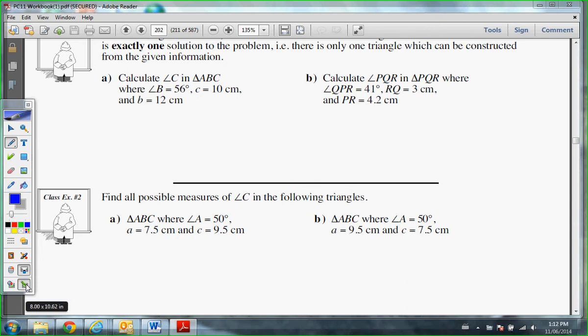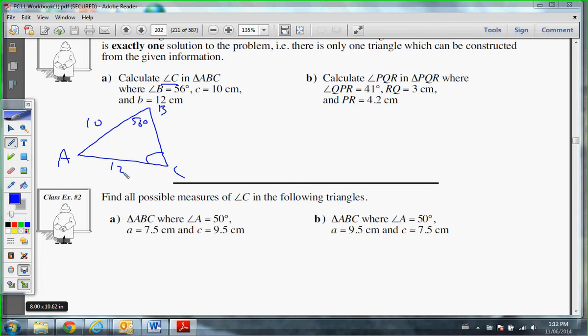So looking at this question here, if I just draw this picture real quick, I have an ABC triangle. They tell me I want to find angle C. Angle B is 56, little c is 10, b is 12. So from this information, can you make a conclusion of which is the bigger angle, B or C?